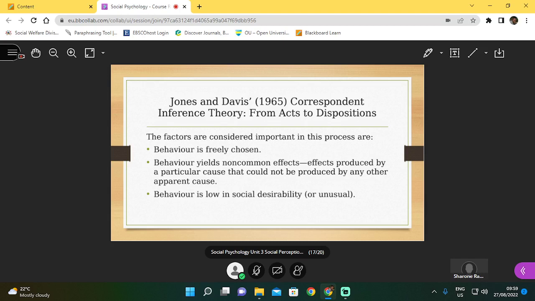Madame, j'ai une question. The behavior is fully chosen. C'est par rapport aux exemples que nous avons pris: on voit que la décision du choix n'est pas chez la présumée victime ou la victime. Le problème, c'est chez la personne qui fait le choix.